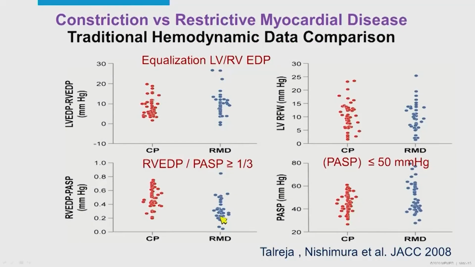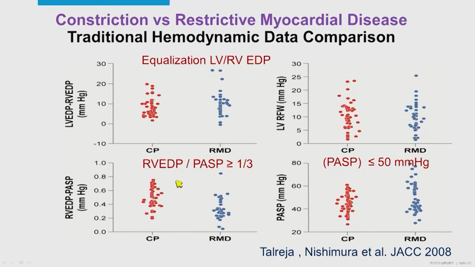However, when our group looked at many patients with constriction and restrictive cardiomyopathy, that equalization of LV and RV EDP, and also PA systolic pressure of 50 millimeters of mercury or less for constriction, that's one of the hemodynamic diagnostic criteria.